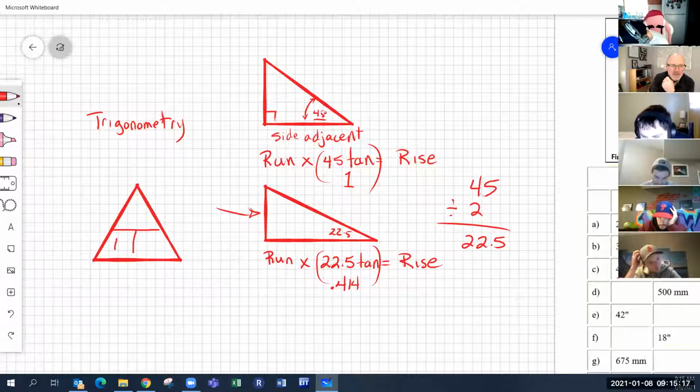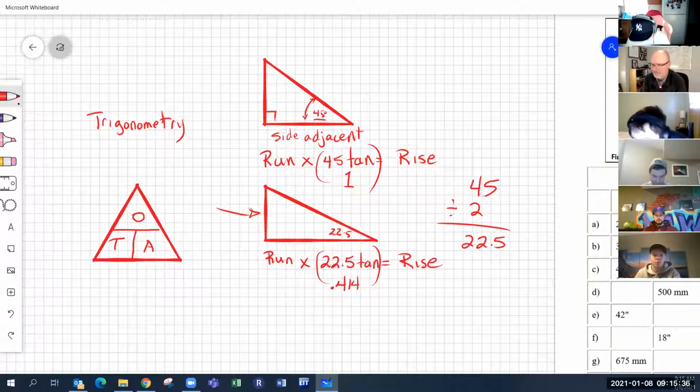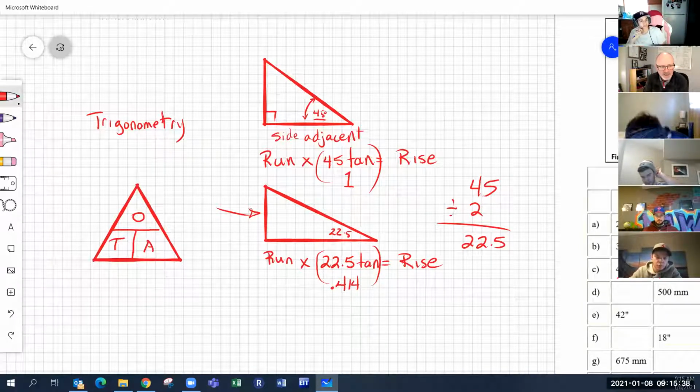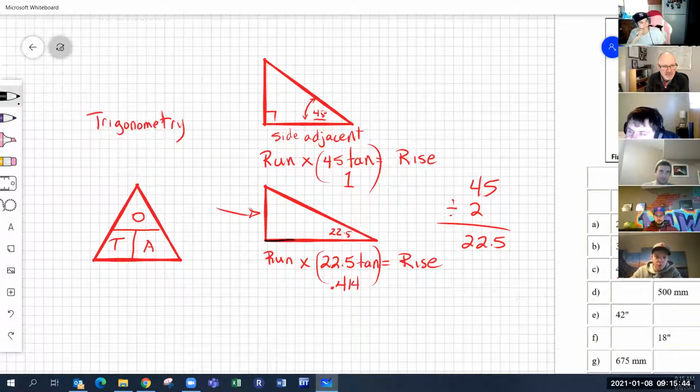Trigonometry would say that the tangent times the adjacent is equal to the opposite. And that's really the formula that I'm working with at this moment in trigonometry. So we're taking the adjacent, which is this line, and I'm multiplying it by the tangent of this angle, and that gives me the side opposite.